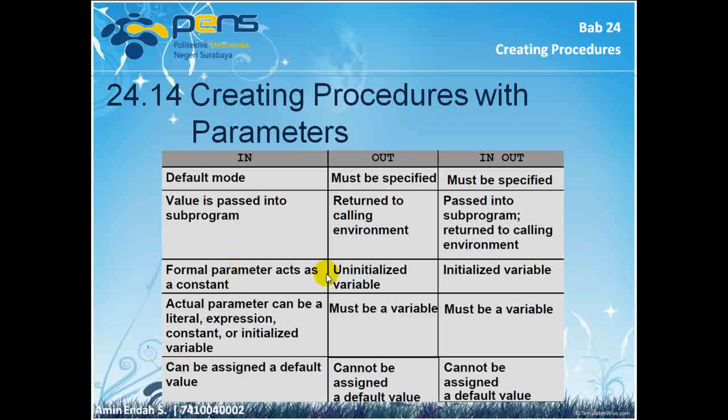A formal parameter acts as a constant, an uninitialized variable, or an initialized variable. An actual parameter can be a literal, expression, constant, or initialized variable, or must be a variable. IN can be assigned a default value; OUT and IN OUT cannot be assigned a default value.